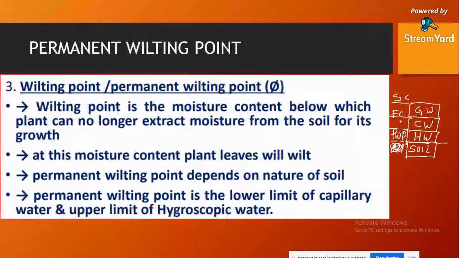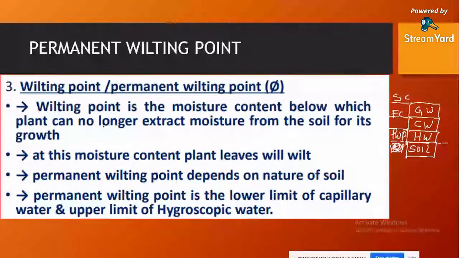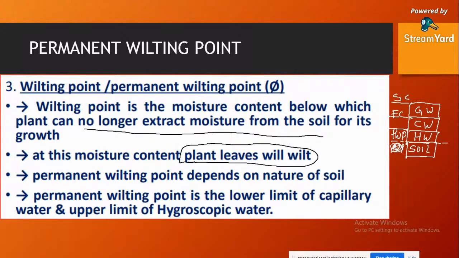Wilting point is the minimum moisture content below which the plant can no longer extract moisture from the soil. At this moisture content, plant leaves will wilt, become dry, and finally the plant will die.